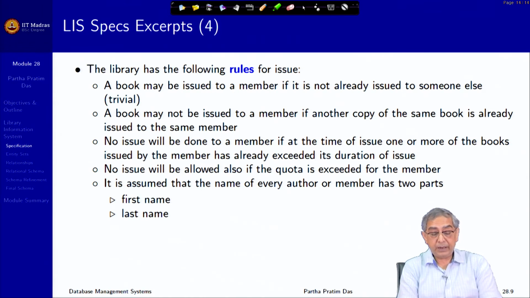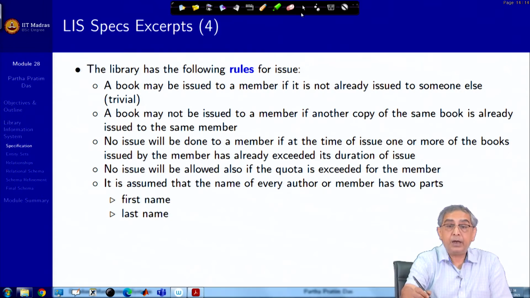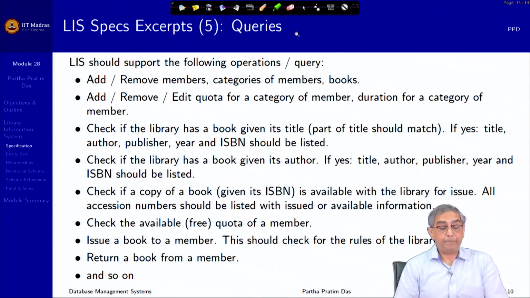It is assumed that every author or member has 2 parts in the name, first name and last name, so that this will help us get the atomic domain. Name is a composite attribute, we know, and it says what the components are. So, we will flatten it out and make it simply atomic.